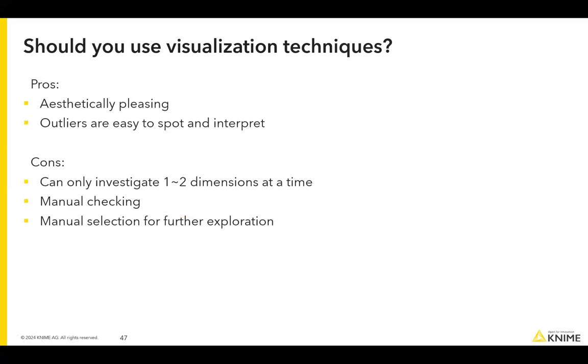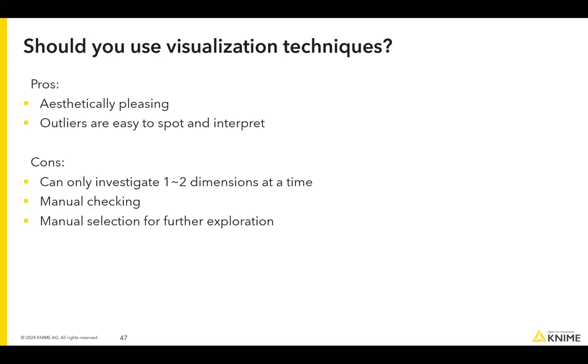pros and cons of the visualization techniques for outlier detection. So the visualizations look nice and they help you to explore your data even if you then go and use other techniques as well. This is usually a good start to understand your data better. And then if the outliers are easy to spot, you can also directly interpret them.